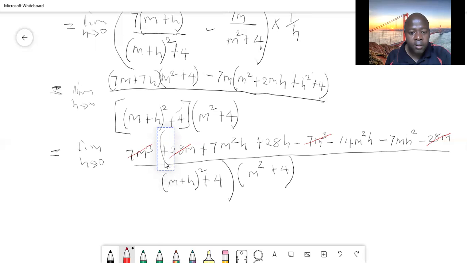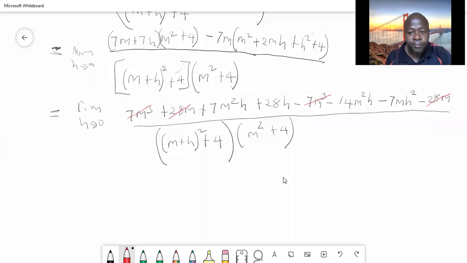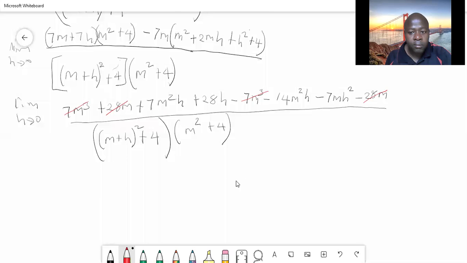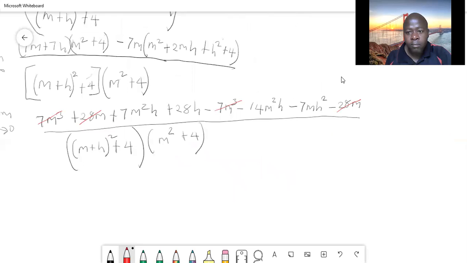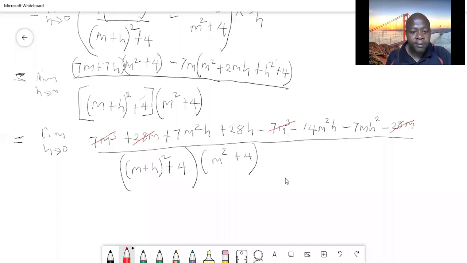So let's now simplify further. So what we have now is the limit as h tends to 0.